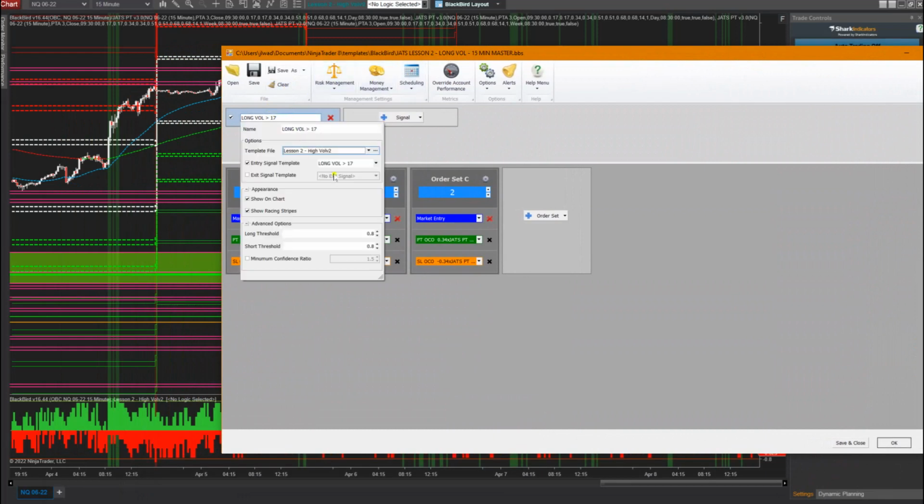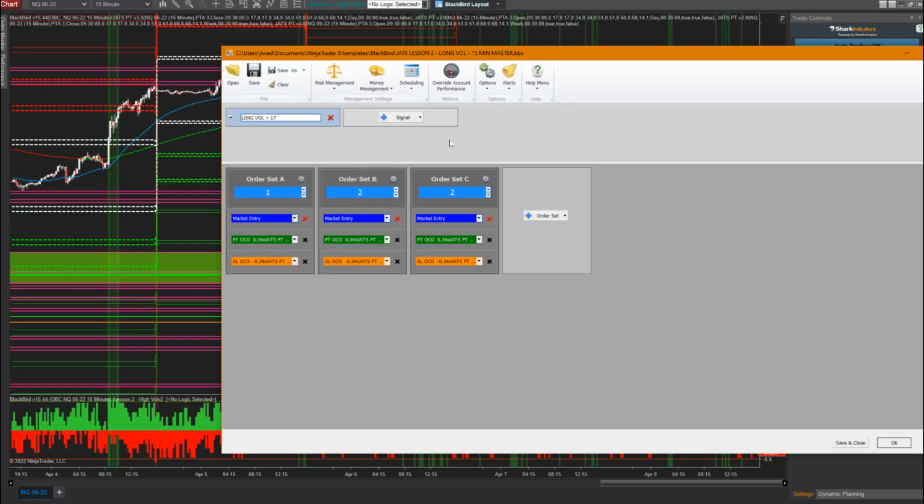So this algo takes the long ball over the 17 threshold with our other conditions that we have in there, and this is the template that you have, and just tries to get a minimal amount for the stop and the loss.